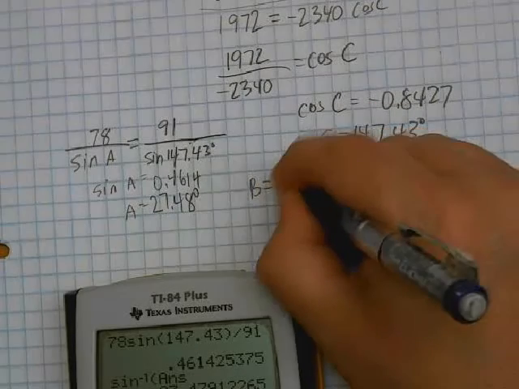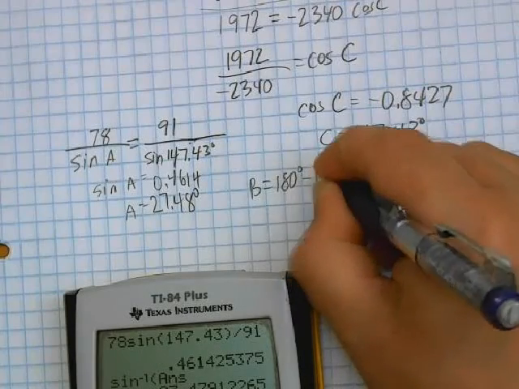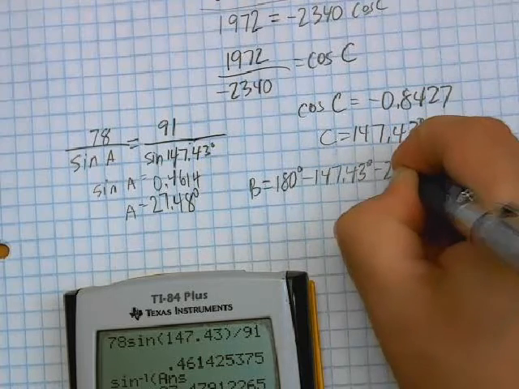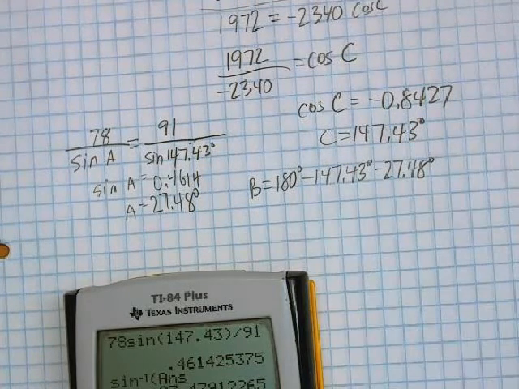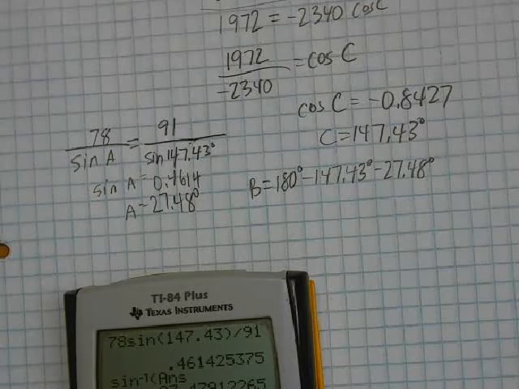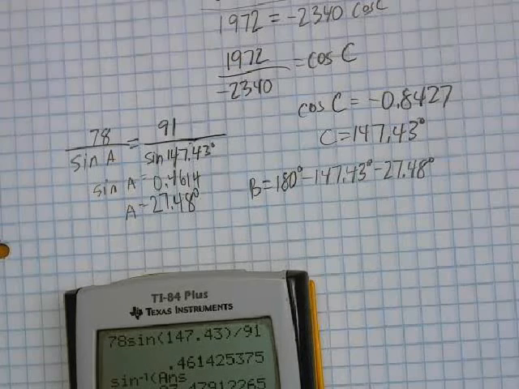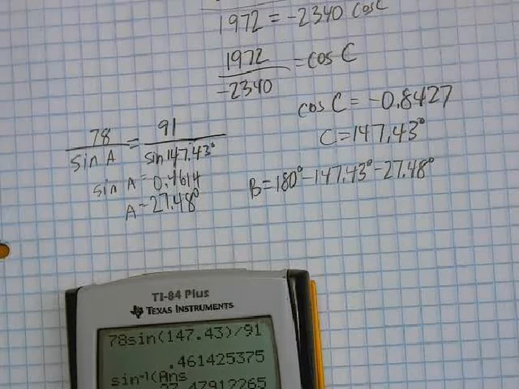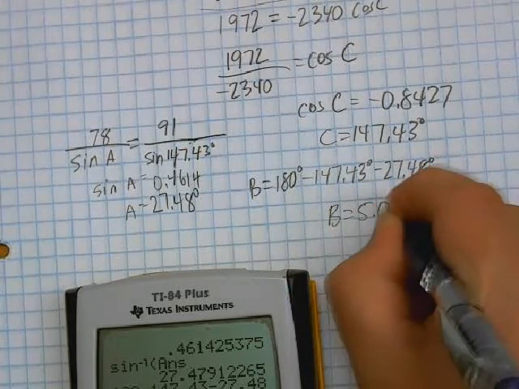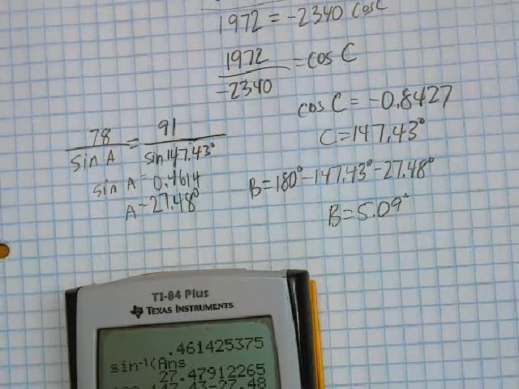So for B, we can just subtract the two angle measures we know from the sum of all angles in the triangle, 180. And we get 5.09 degrees.